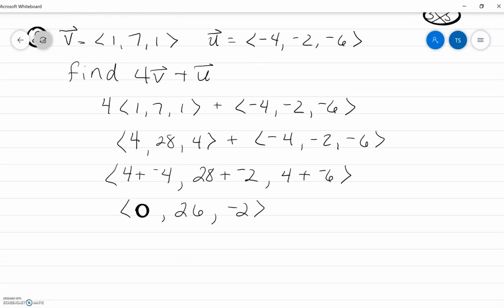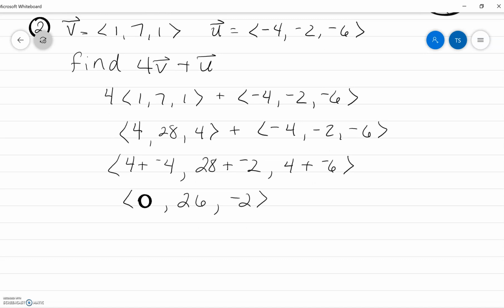The last example we're going to get into here talks about unit vectors.